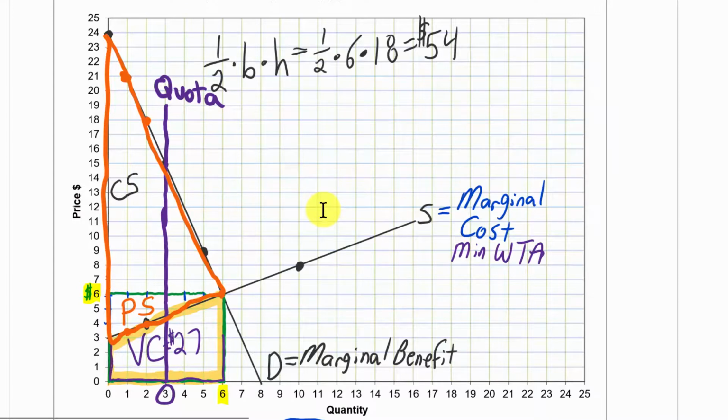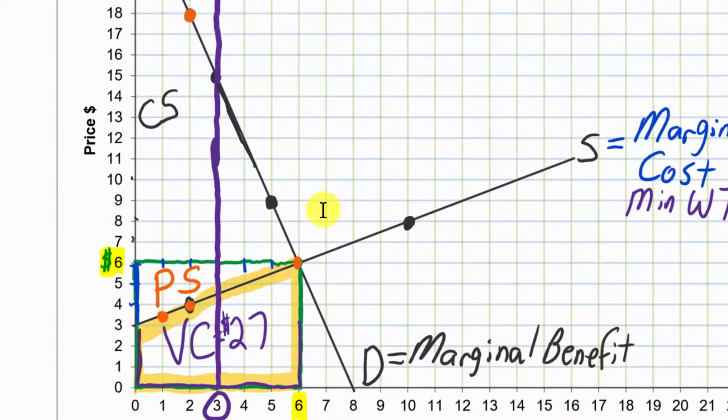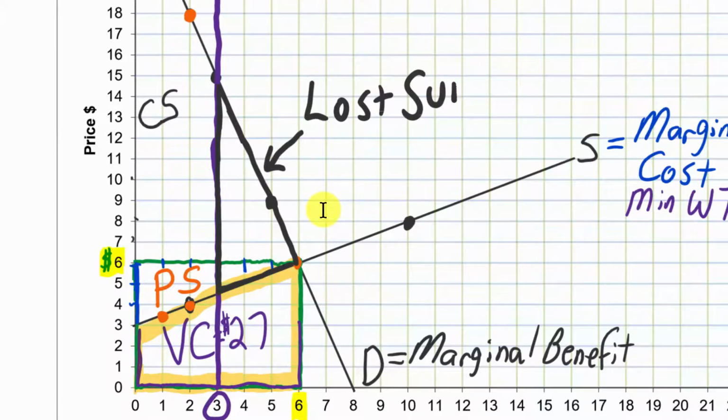Well, it's going to be smaller, and the amount of surplus we're going to lose is going to be all this total surplus over here that we can't get anymore. And so the area of this triangle right over here is going to be total surplus that cannot be generated because we're not allowed to buy and sell those last few units. So that lost surplus is what we call deadweight loss.